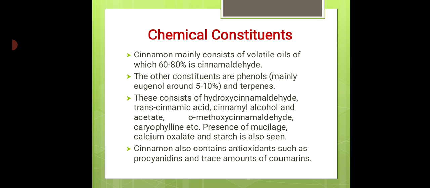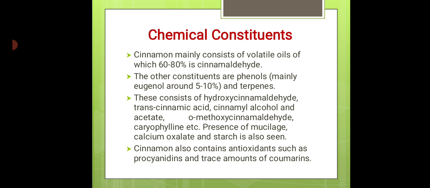Then chemical constituents present in cinnamon. Cinnamon mainly consists of volatile oils, of which 60 to 80% is cinnamaldehyde. The other constituents are phenols, mainly eugenol around 5 to 10%, and terpenes.